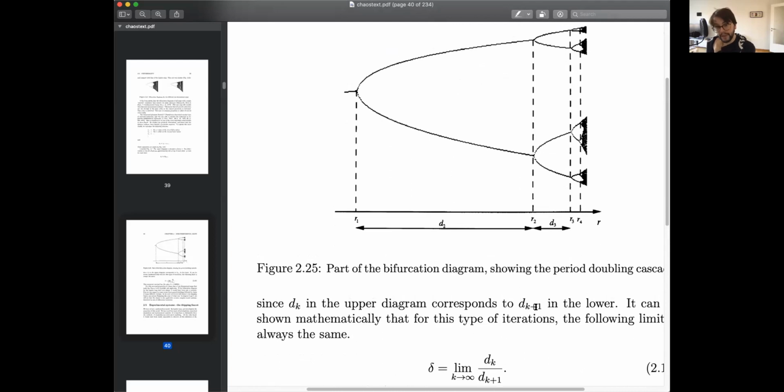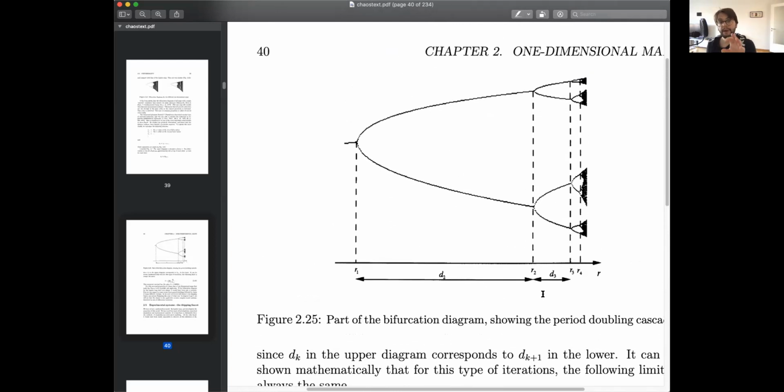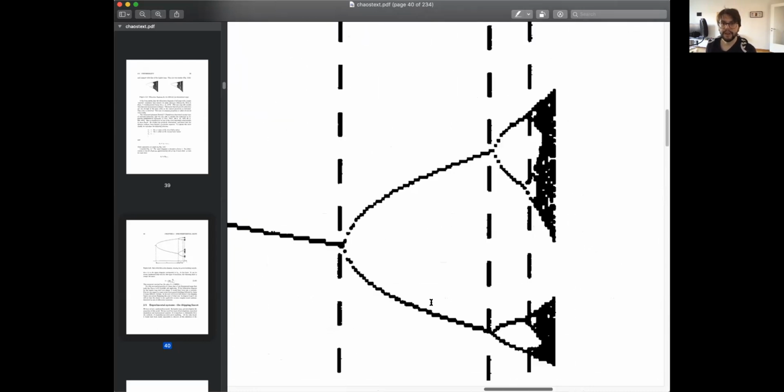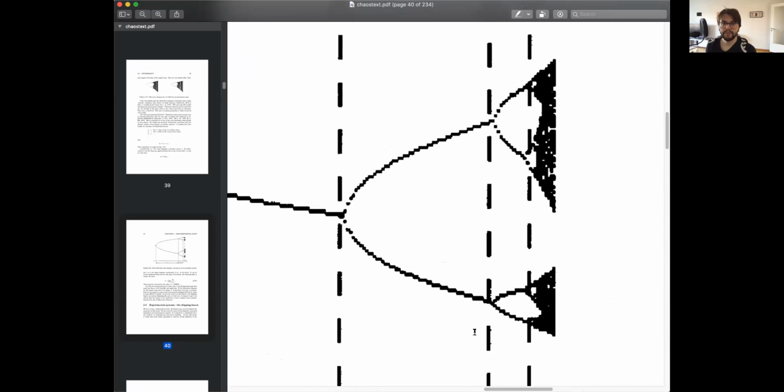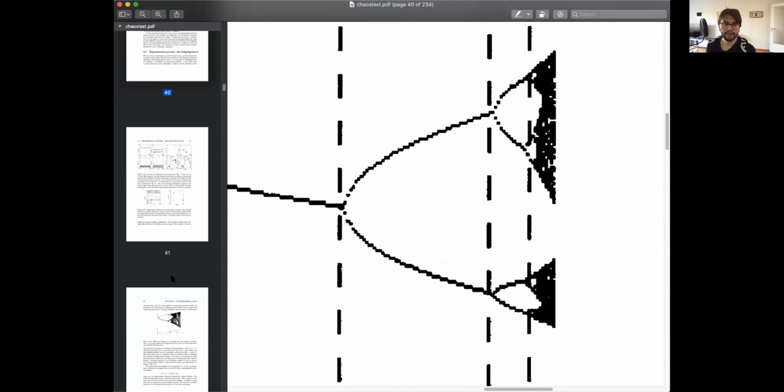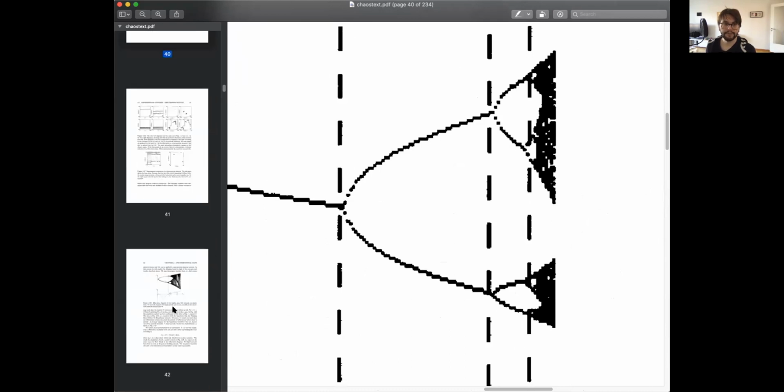What this means is that this bifurcation diagram is self-similar. If you zoom in on one section of it, let's see if we can do it, here you are limited by the resolution, it will just look like the section that you had before.